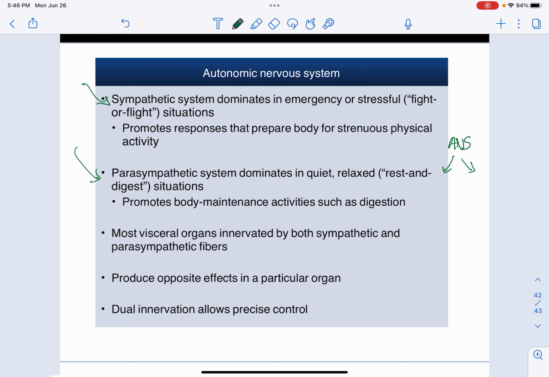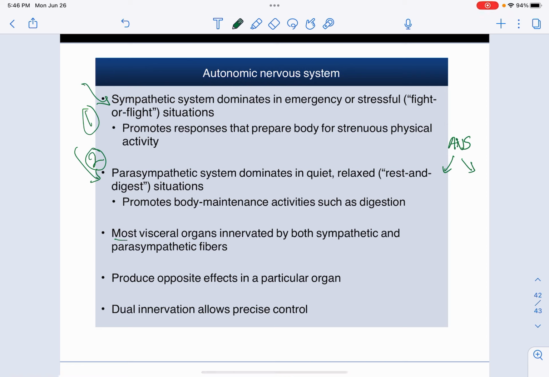Our heart rate changes, our pupils, they're not going to be constricted anymore, our airways, all of those things, all of those internal organs, again, are going to be innervated. So if you can pick anything, like the lungs, there's going to be an innervation by the sympathetic system and an innervation by the parasympathetic system to tell the body what to do.